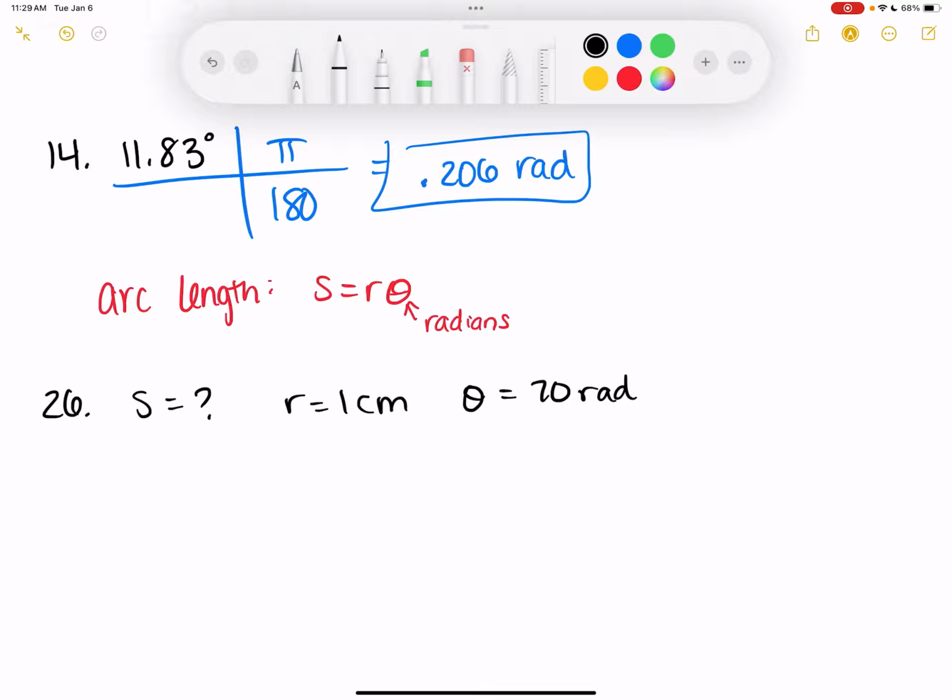So S equals 1 times 70. Obviously that one's easy. 70 centimeters. And make sure you put your units on these problems.